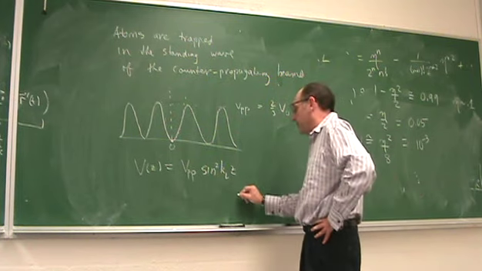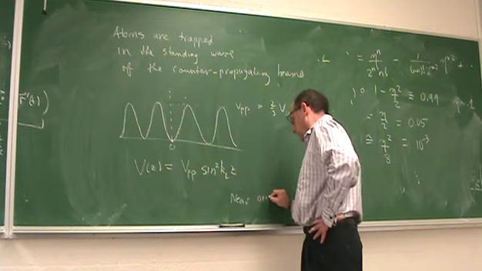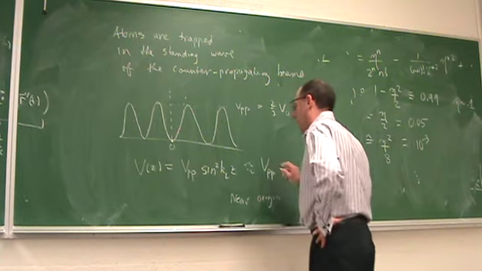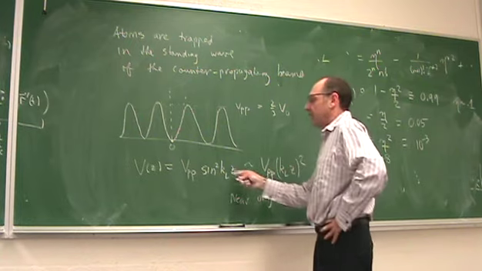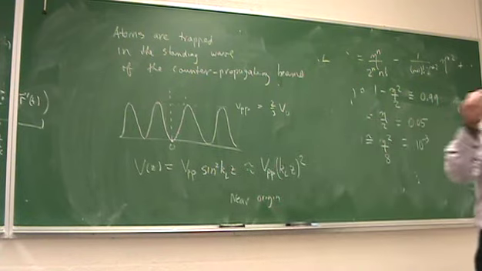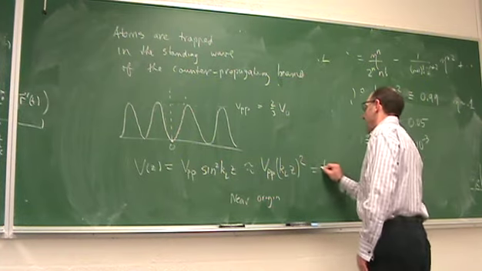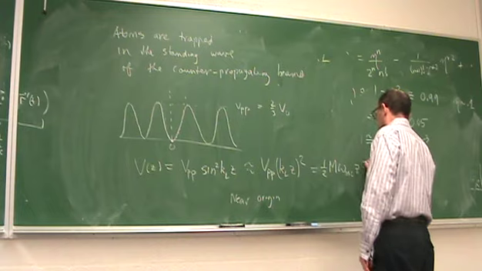If I write this near the origin, this is approximately the peak-to-peak depth. Sine of a small argument is its argument, sine squared is the square of that argument. Okay? And this is 1/2 m omega oscillation z squared.